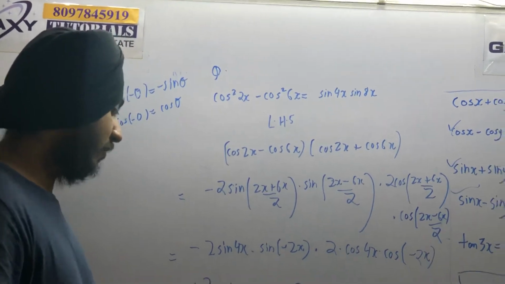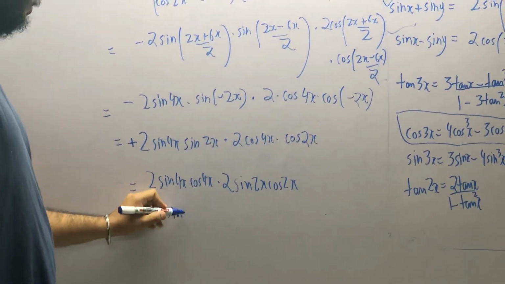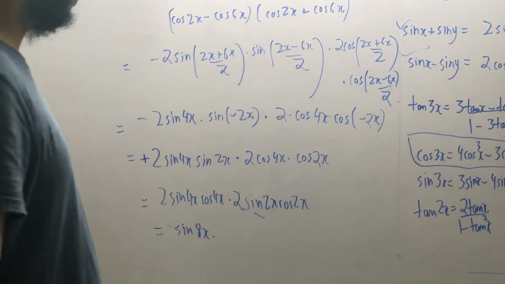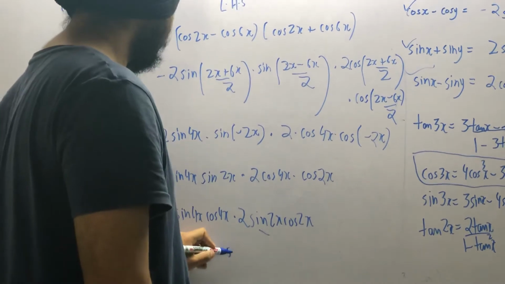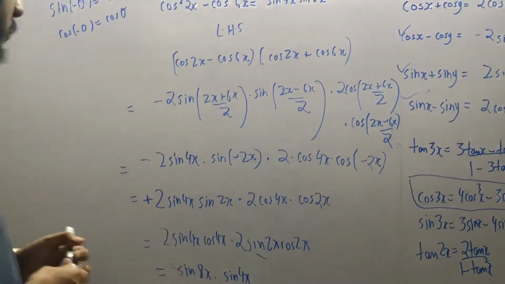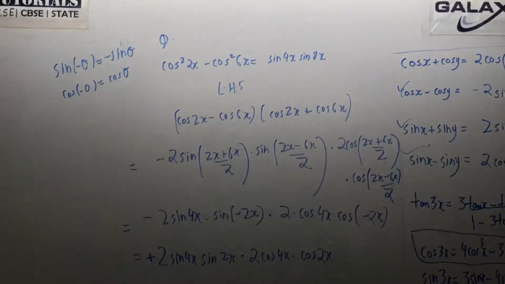So 2 sin a cos a, that is sin 2a. This will become sin 8x into 2 sin a cos a, again sin 2x, sin 4x. Sin 8x into sin 4x. This is your answer.